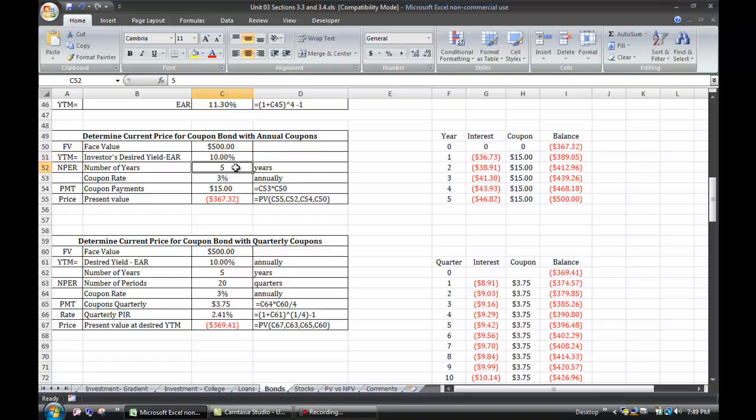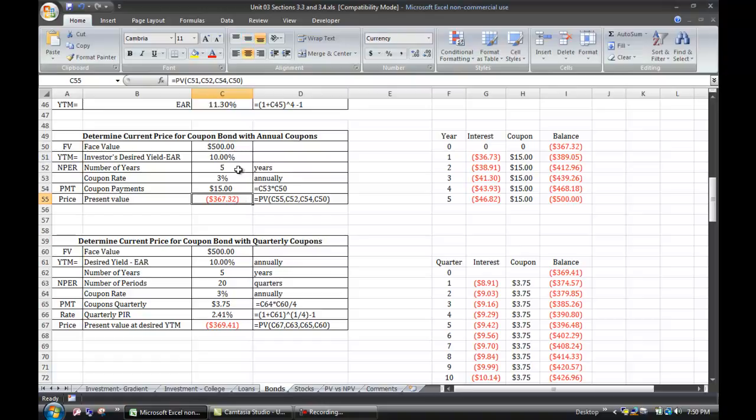This bond has a 5-year maturity. The coupon rate is 3% annually. Again, this is back to annual. So the coupon payments are $15 annual. 3% of 500 is 15. And so the question is, what should I pay for this bond to get my yield to maturity of 10%?